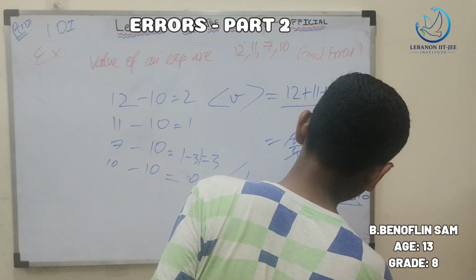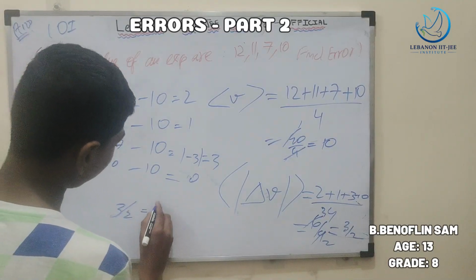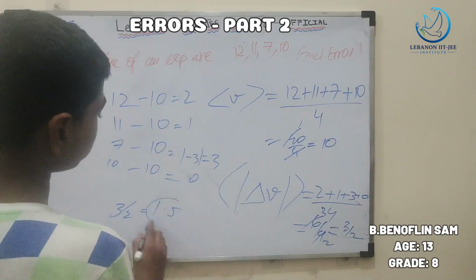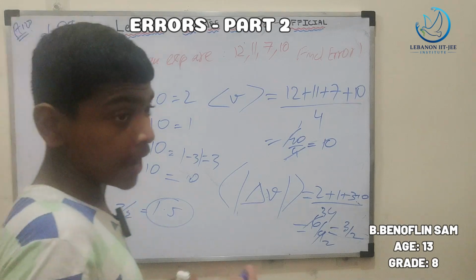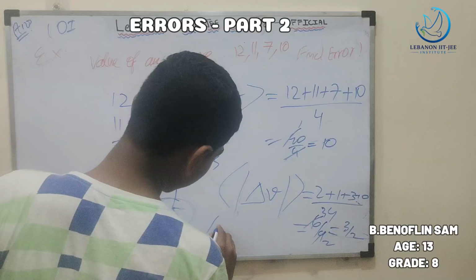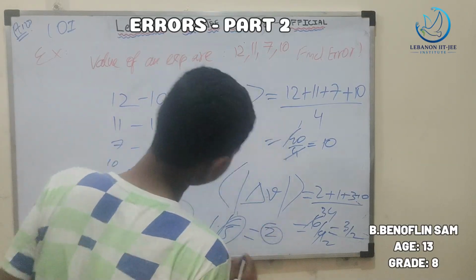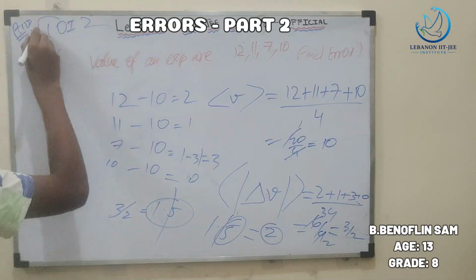So you take 3 by 2. So 3 by 2 is approximately equal to 1.5. As a rounding system, you have to round this. If you round it as I told you with significant figures, then it comes 2. So the answer is here.